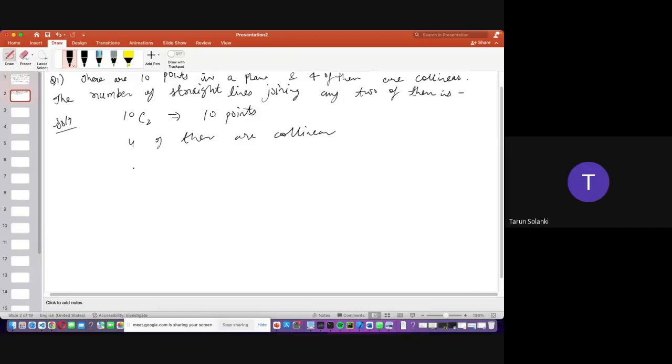So you need to write the total number of lines, that will be 10C2 minus 4C2 plus 1. So solving, we get 40.